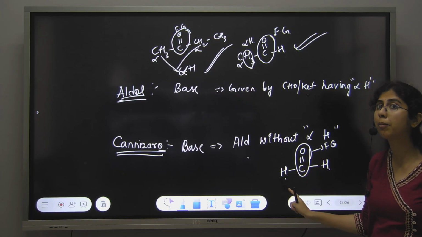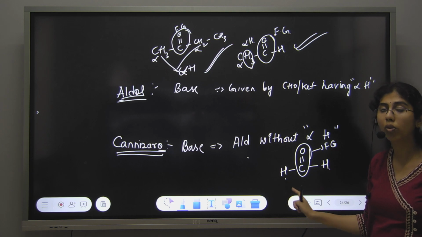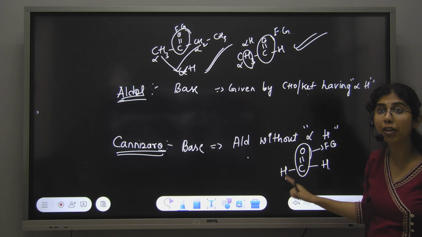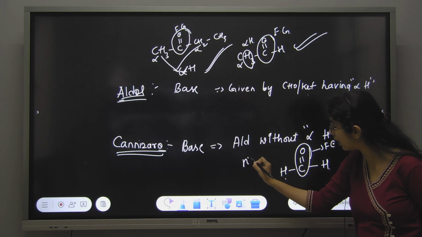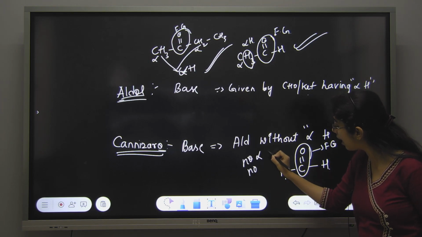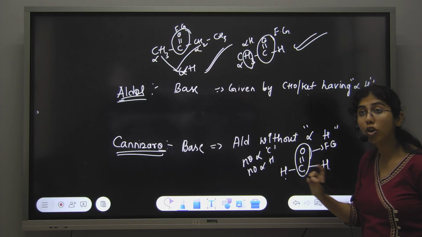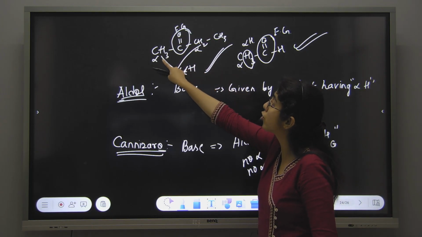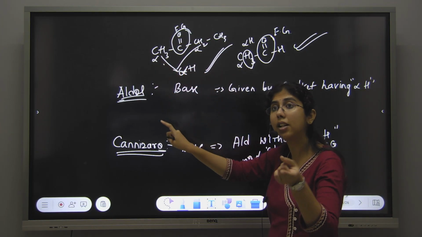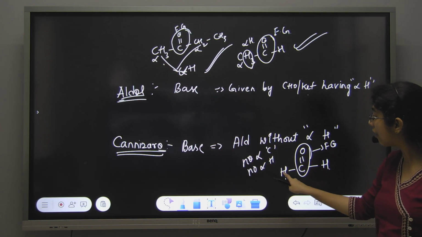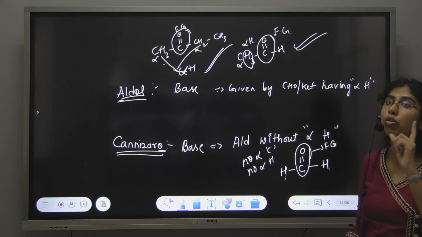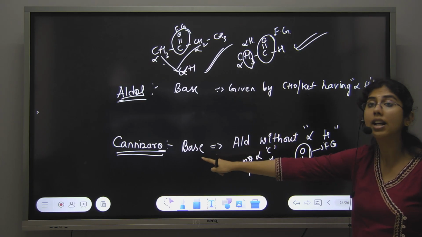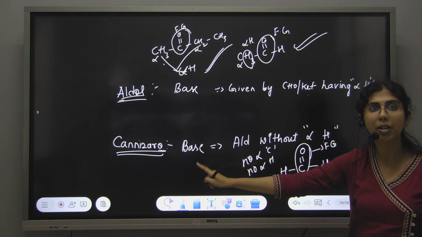Next to the functional group, do I have a carbon? Yes or no? No, ma'am. No carbon, so no alpha carbon, so no alpha hydrogen. Don't think this is alpha hydrogen. Alpha hydrogen should be attached to alpha carbon. Only if there is a carbon can we talk about hydrogen. Here we don't even have an alpha carbon, so not possible. So since it doesn't have alpha hydrogen, it can give Cannizzaro. Remember.